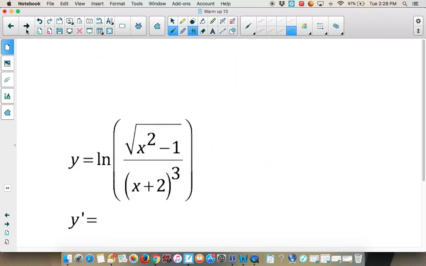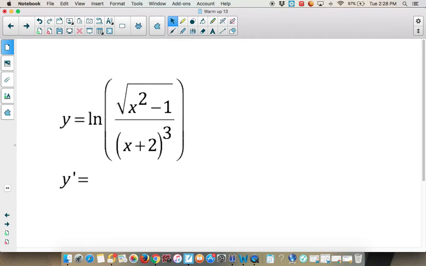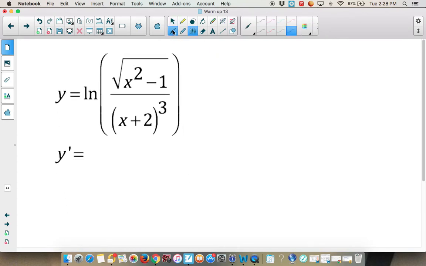Here's a further illustration. This looks like a nightmare, which, yeah, it kind of is. But if I expand that first, that's ln of x squared minus 1 to the 1/2. And then remember, division is secretly subtraction, so that's minus ln of x plus 2 cubed.